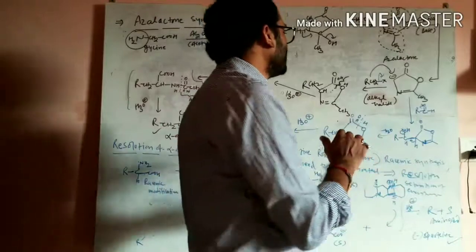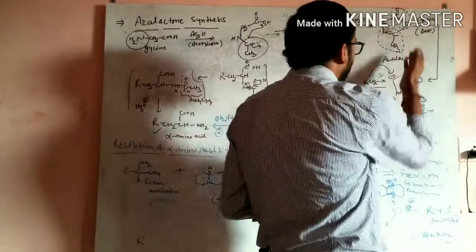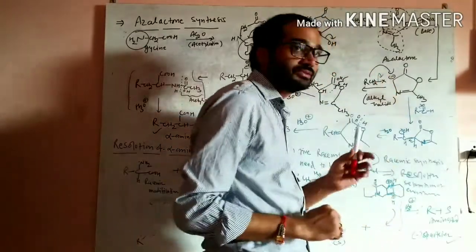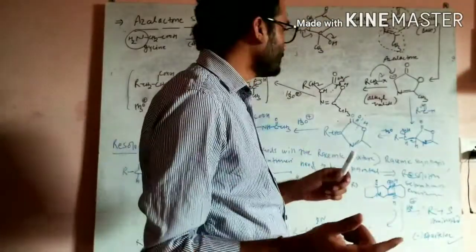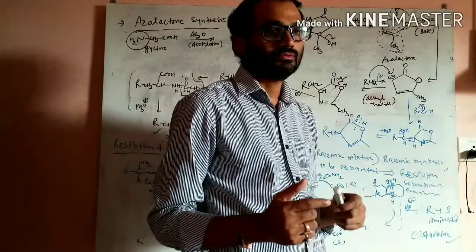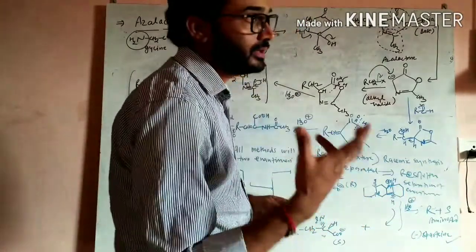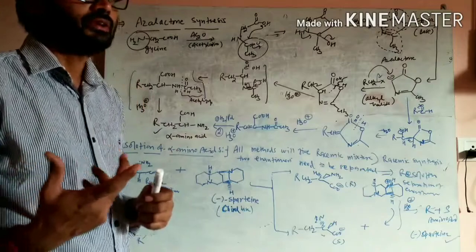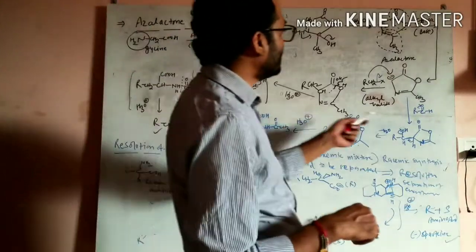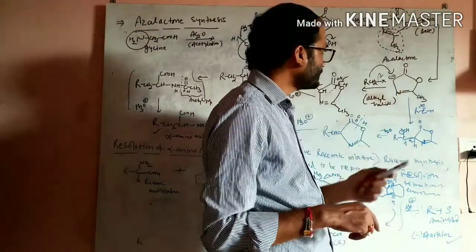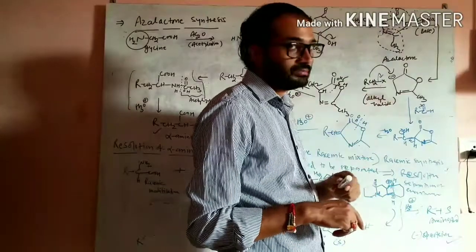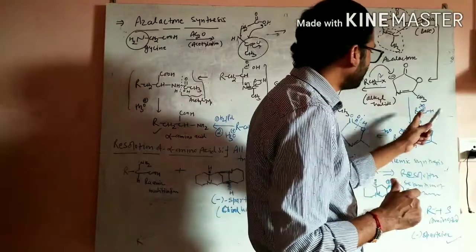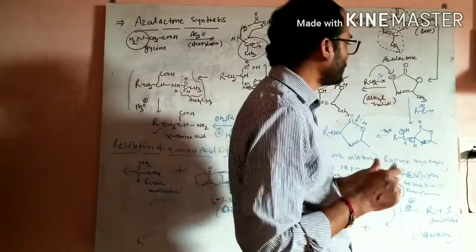Either we treat this with alkyl halides or treat it with an aldehyde. Which one you use depends on which amino acid you desire, which amino acid you want to synthesize. Either you give alkyl halide here or aldehyde here. Now, if you give an aldehyde, what do we have?